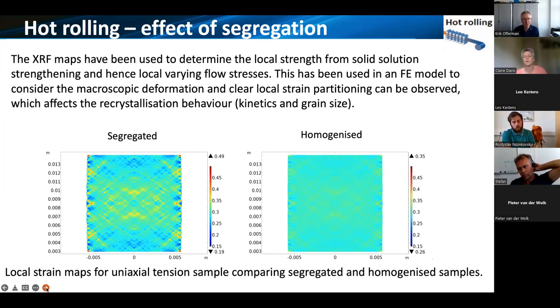And that strain partitioning is sufficient to give you those differences in recrystallization kinetics and indeed the recrystallized grain size, albeit just for one deformation cycle. So again, these things become quite important to be able to have that flow through the process of our microstructural development.